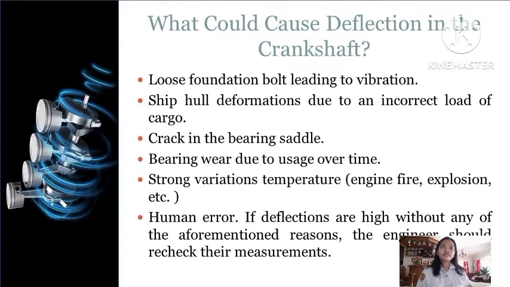Then it causes leakage or breaking of the bearing.